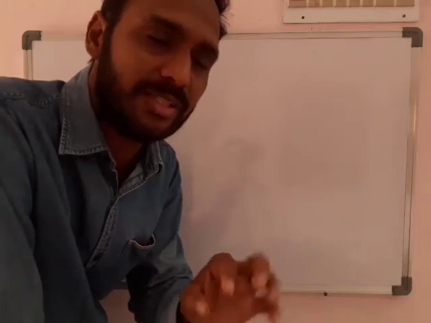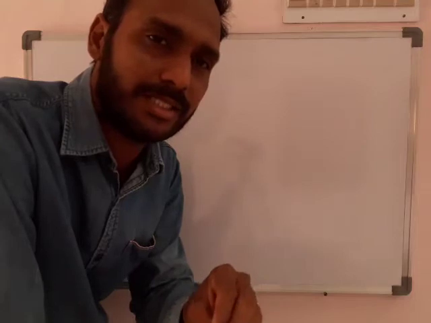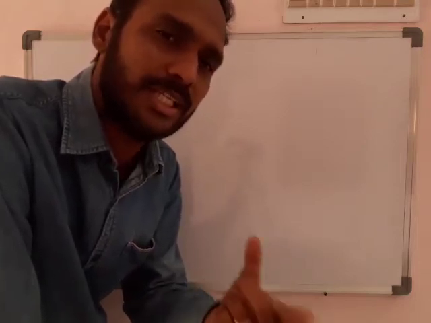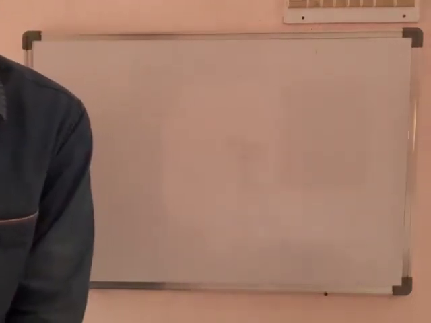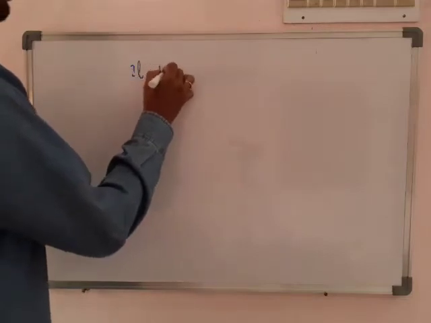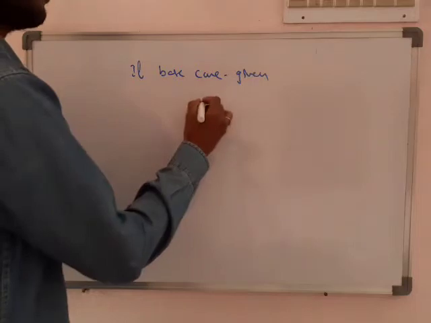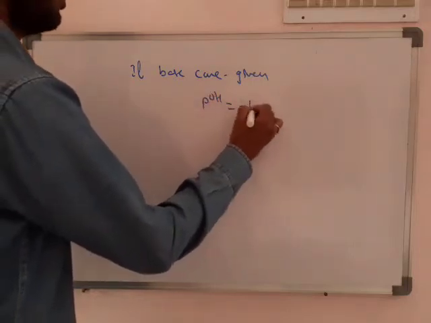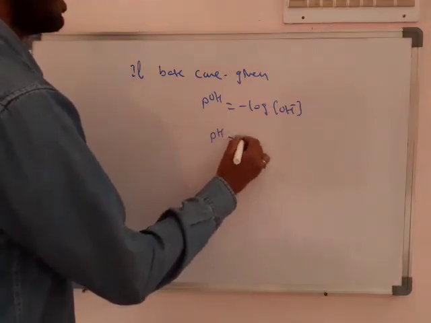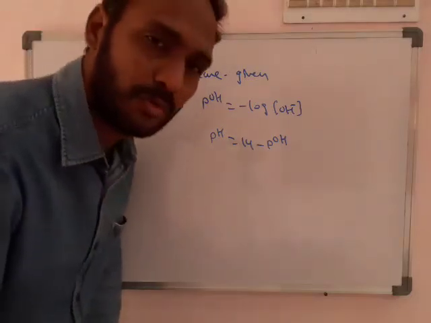If the concentration of bases is given, if the time comes to calculate the pH of bases and they give the concentration of base, it is nothing but they give the OH minus concentration. Means if base concentration is given, first you have to find pOH with the help of minus log OH minus. Then calculate its pH with the help of pH plus pOH is equal to 14.